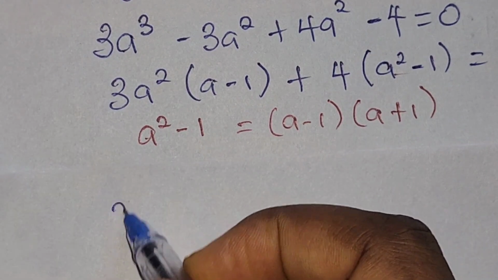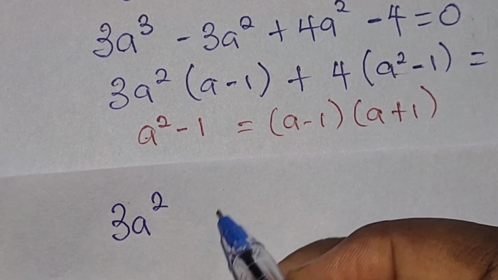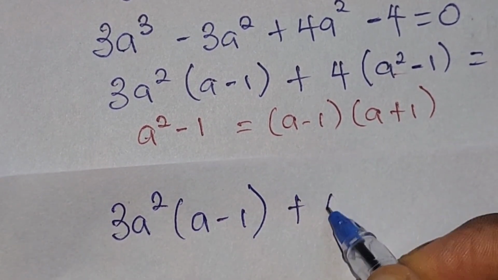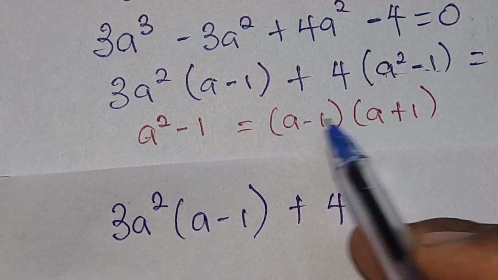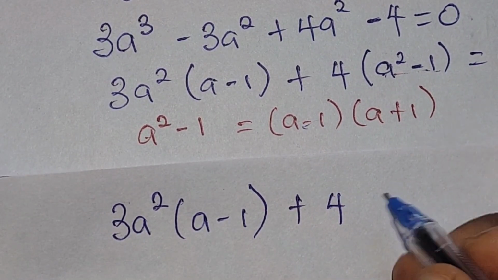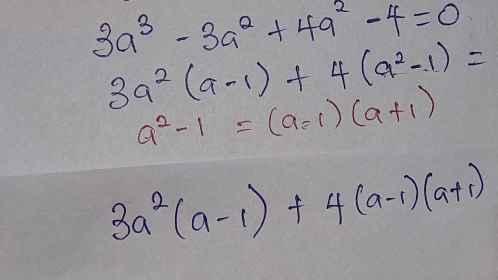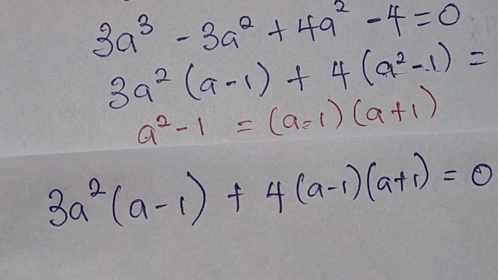We have 3a squared times a minus 1 plus 4 times a minus 1 times a plus 1 is equal to 0.